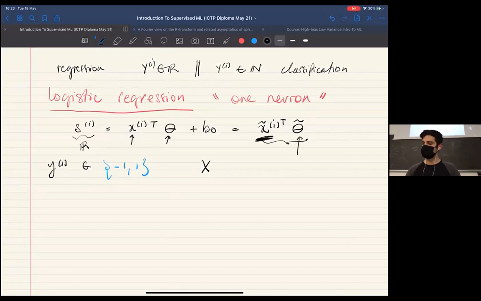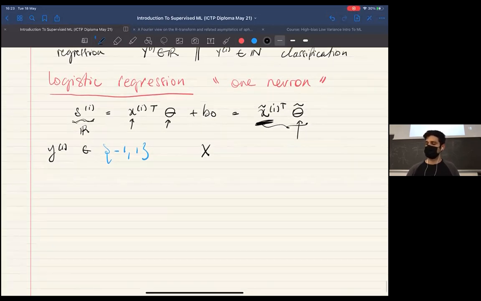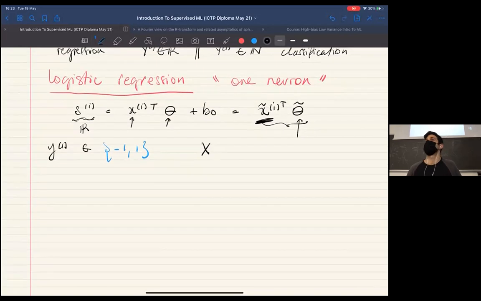What can we do to turn this real number into a discrete number, like in -1, 1? Yeah, so the simplest thing you can do is just take the sign, which means if it's above 0, it's +1. If it's below 0, it's -1.